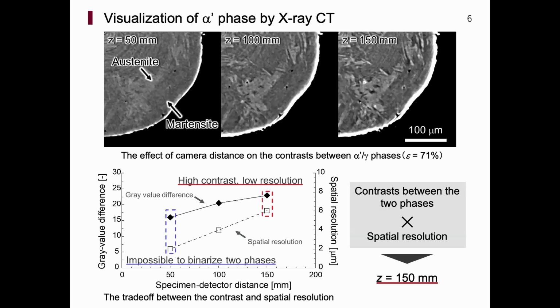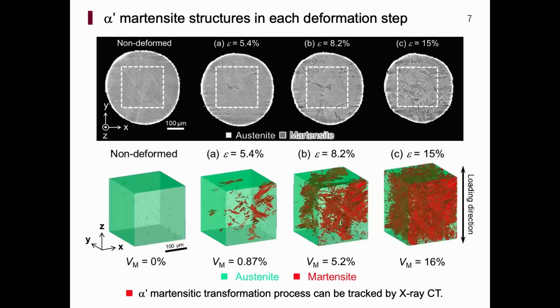But increasing camera distance also decreased the spatial resolution due to the refraction contrast. So we selected 150 millimeter as a camera distance for the best contrast and spatial resolution.